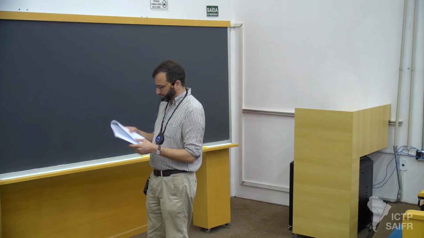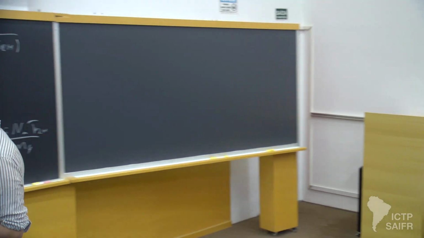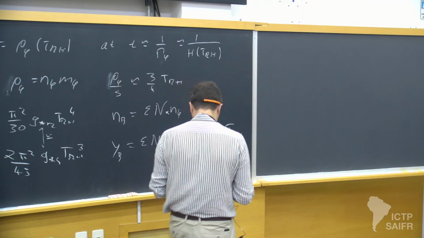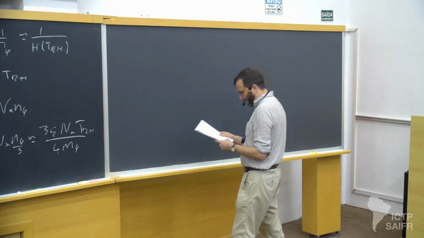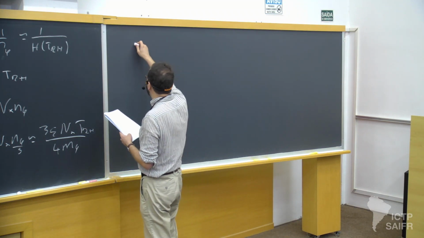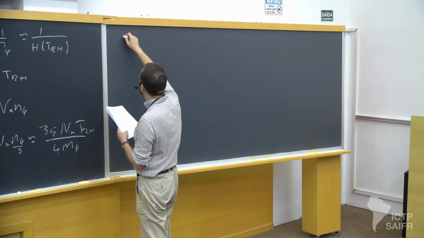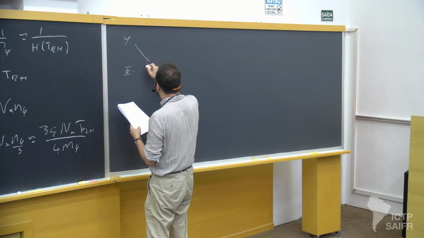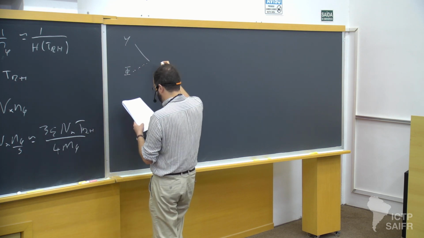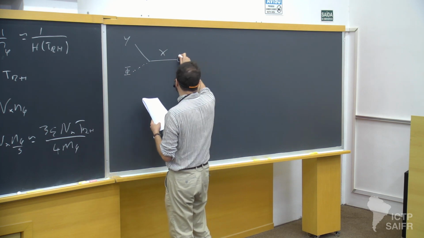Okay. Now we also have to worry about washout processes when this is going on. So one washout process is that you go from Y phi like this via one of these Dirac fermions.